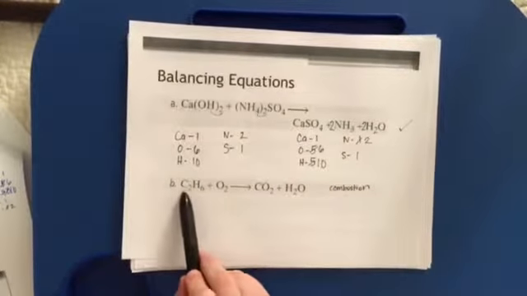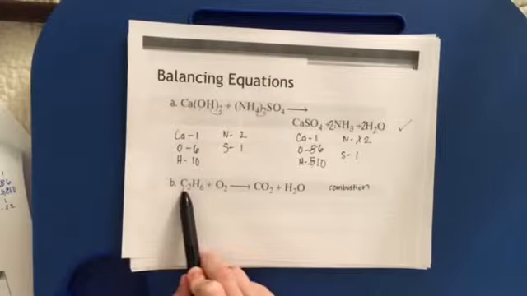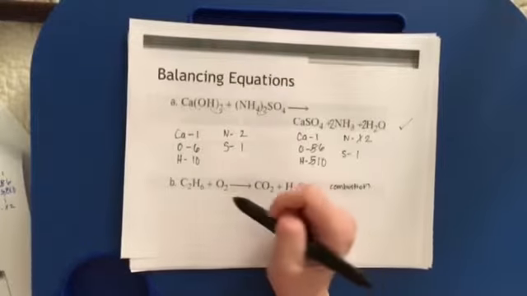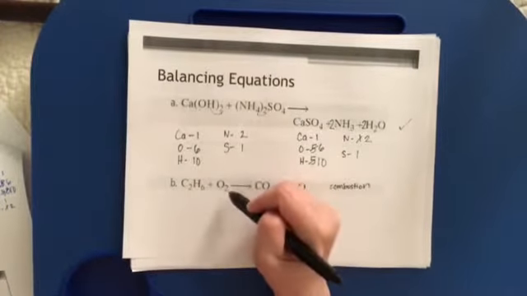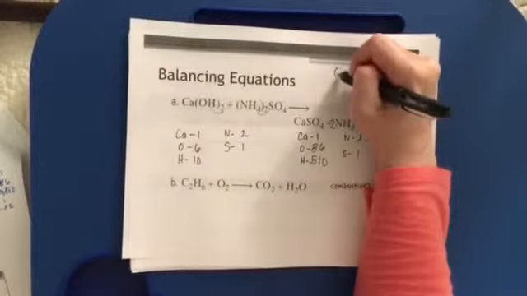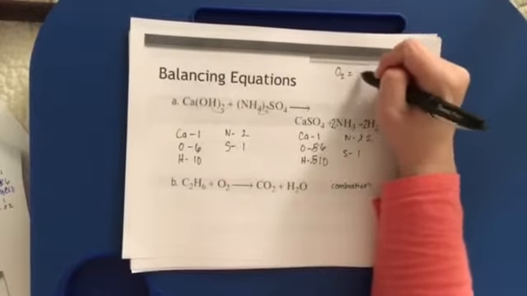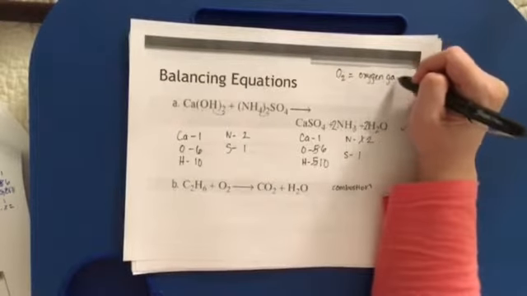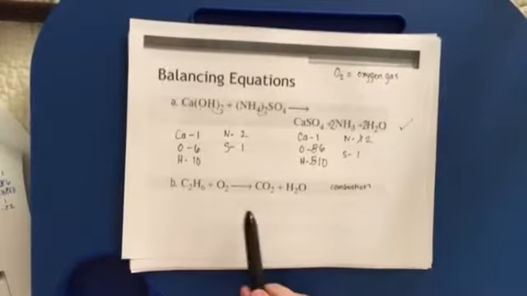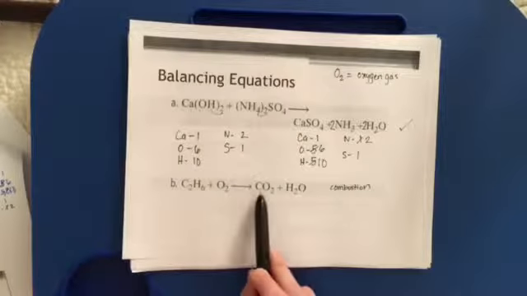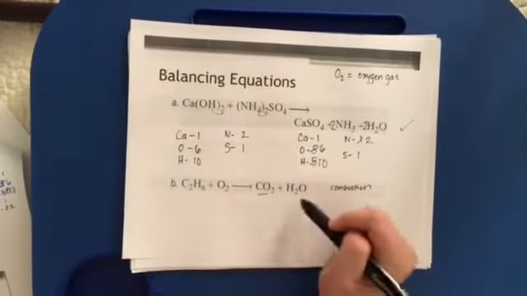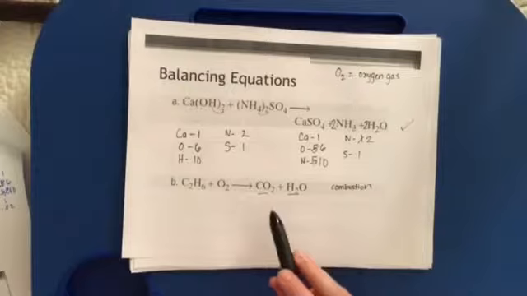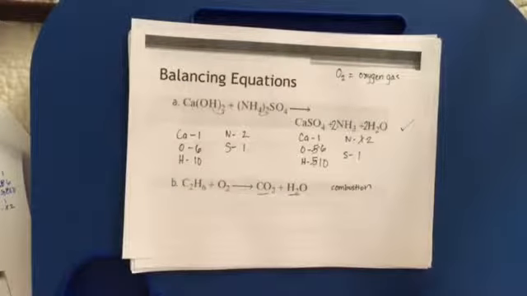It's always where you start with some sort of carbon-containing compound and react it with oxygen. You'll notice that oxygen gas always exists as O2. It's a diatomic element, and it always forms CO2 and water. So the products are always CO2 and water.